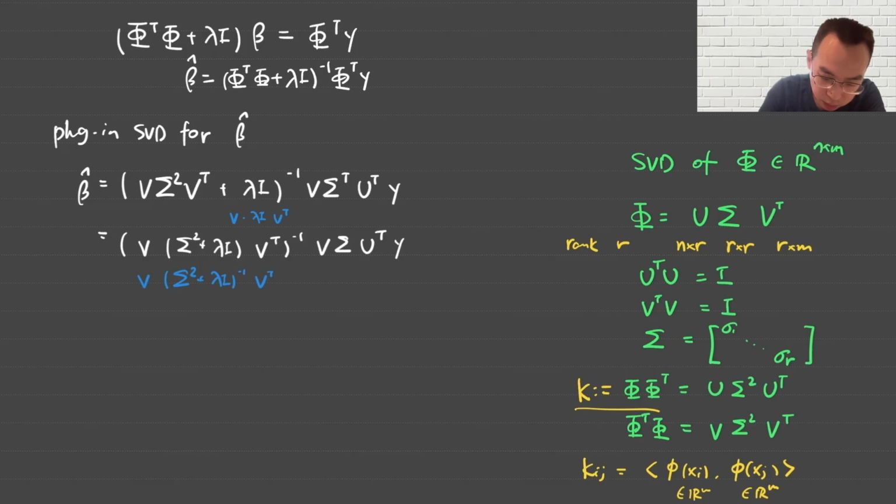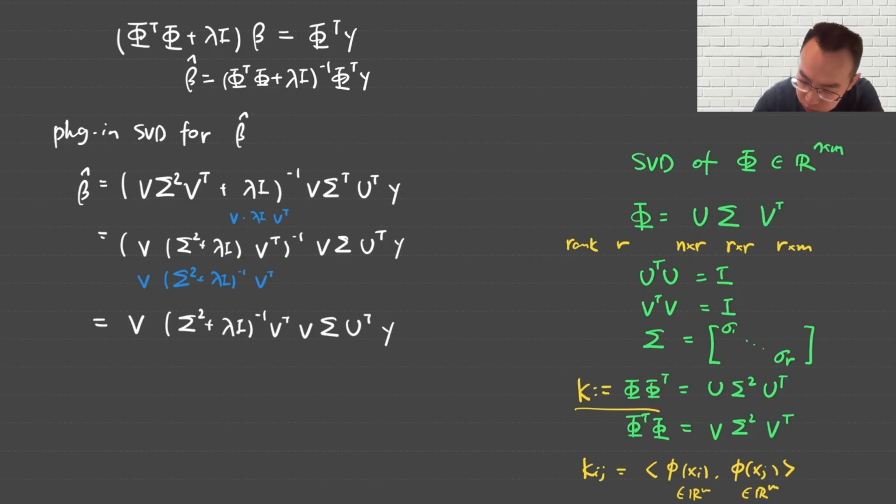Let's keep going: V sigma square plus lambda I inverse V transpose V sigma U transpose Y. These two cancel to identity, and what we have in the end is just V sigma square plus lambda I inverse sigma U transpose Y.